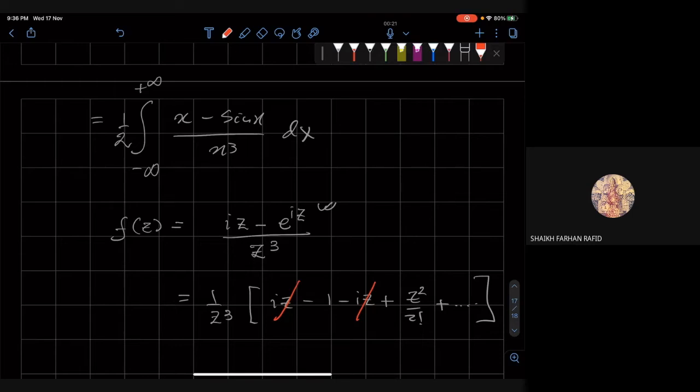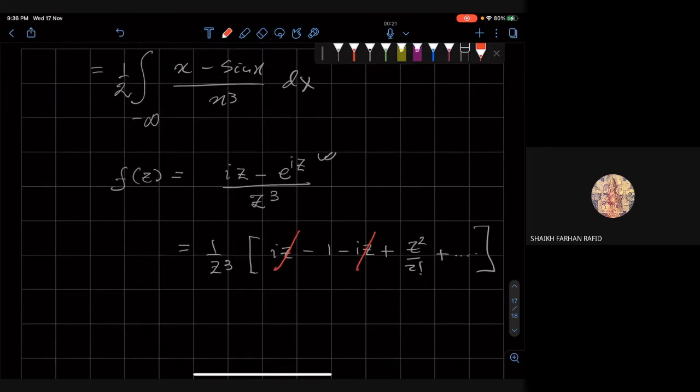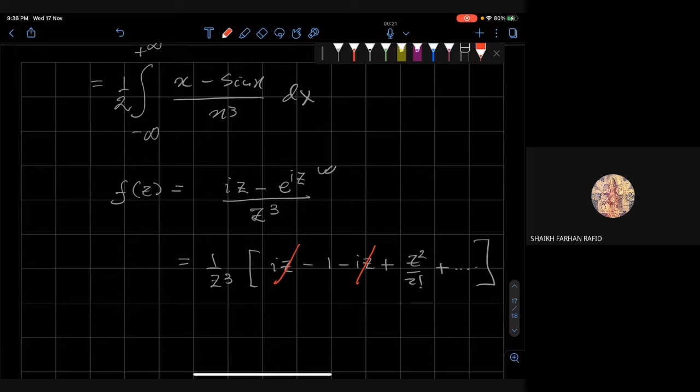Right. Okay, so why did we do this? The reason for doing this is the following. This term has 1 over z cubed in it, right? So this term itself is a function which has a triple pole at z equals 0. But this multiplying this is going to have a simple pole, right?